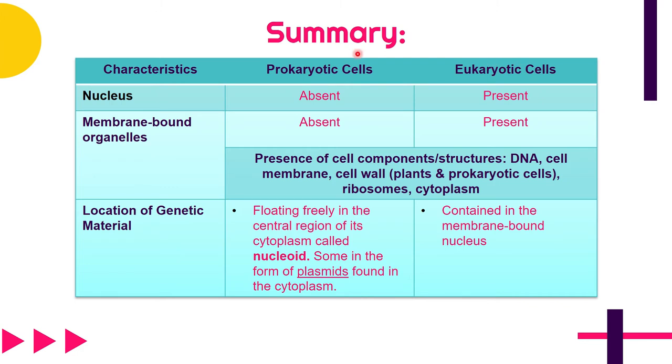So first, let us start with the nucleus. As we all know, prokaryotic cells don't have or lack a nucleus, while eukaryotic cells have a membrane-bound nucleus. Then for the presence of membrane-bound organelles, prokaryotic cells don't have membrane-bound organelles, while eukaryotic cells have membrane-bound organelles.